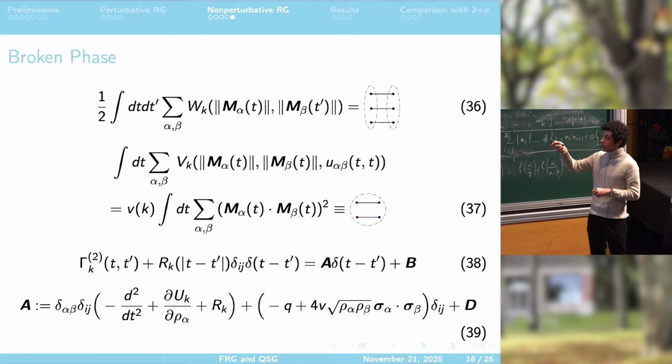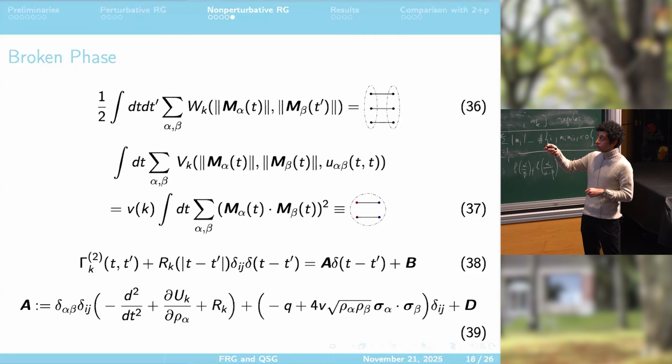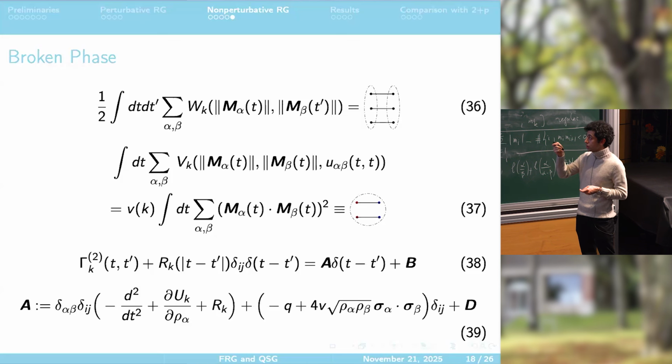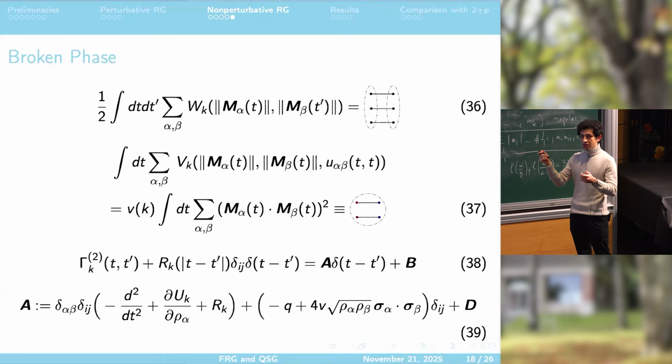So there is this parameter Q that we introduce in the 2-point function, 2-point interaction, and there is also the contribution from 37, which actually depends on the dot product of sigma alpha and sigma beta. So basically you can imagine how dependent the direction of each replica is on the others.